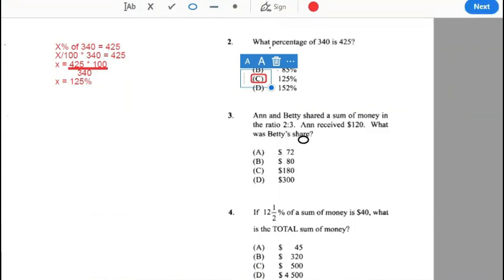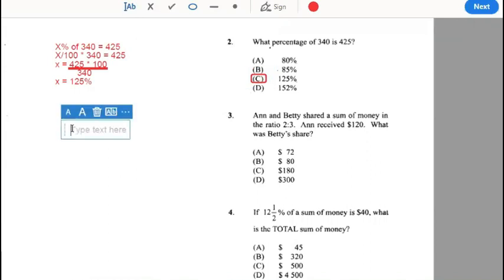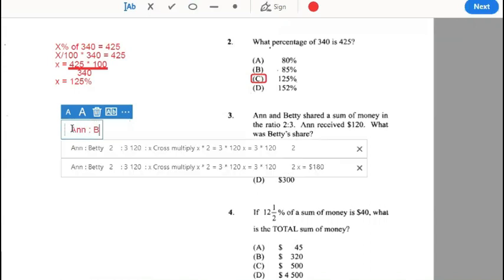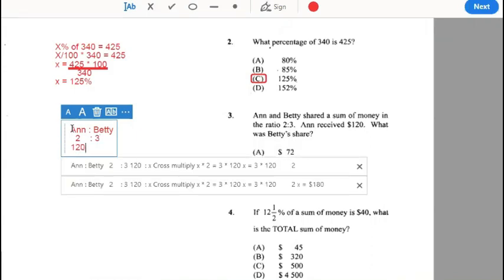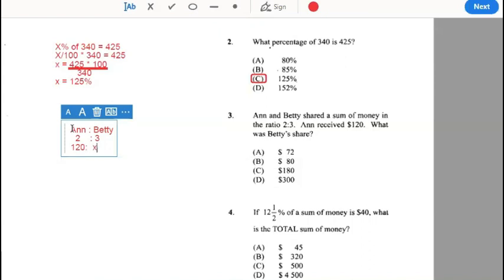Question 3: Anne and Betty shared a sum of money in the ratio 2:3, and Anne received $120. What was Betty's share? So we can do that using an upgraded method of the unitary method, or the fraction method. We have Anne to Betty, where Anne shares 2 and Betty is 3, and the amount attributed to Anne is 120. We're trying to find Betty's share, which is x.